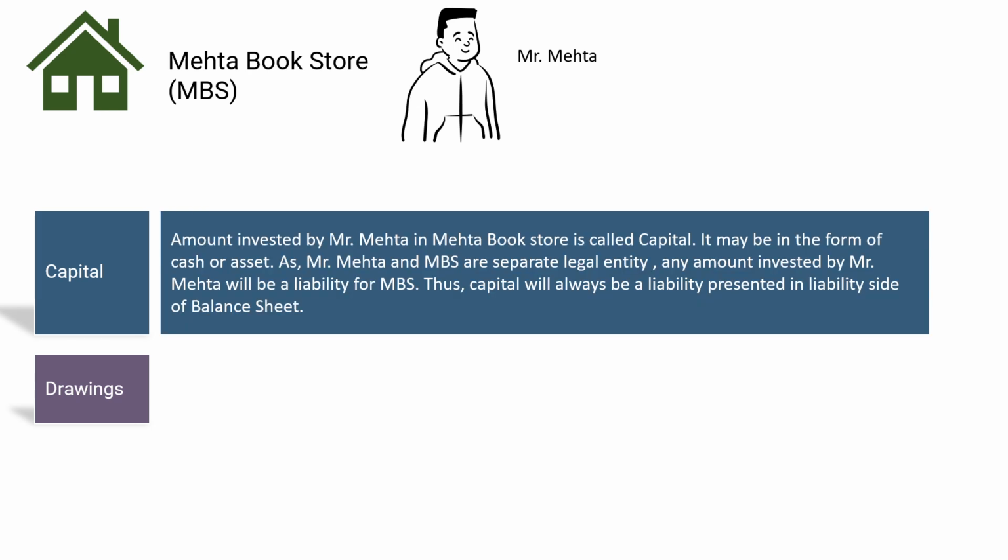Mr. Mehta can invest in the form of cash or assets. Since both are separate legal entities, Mr. Mehta will receive the money back from Mehta bookstore, and thus it is a liability for Mehta bookstore.